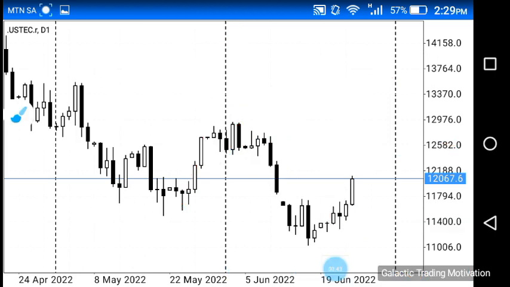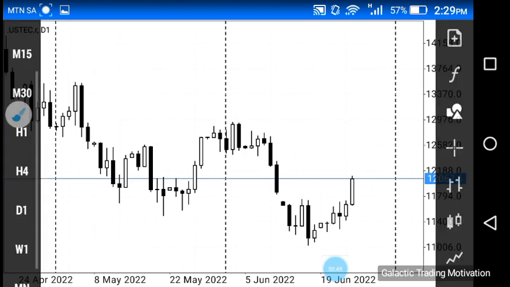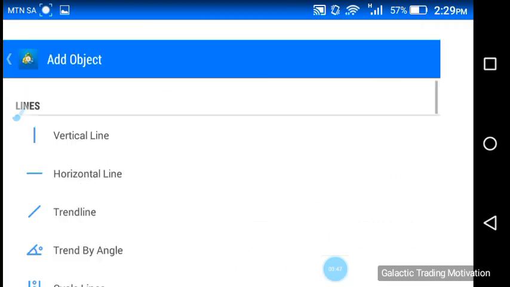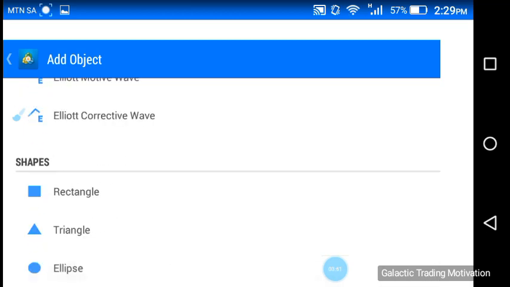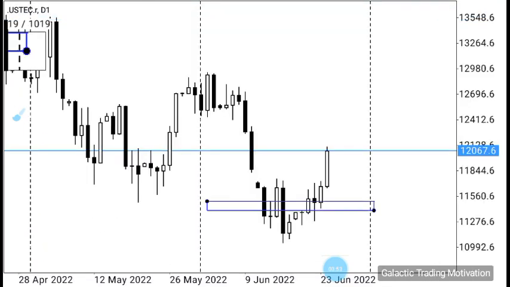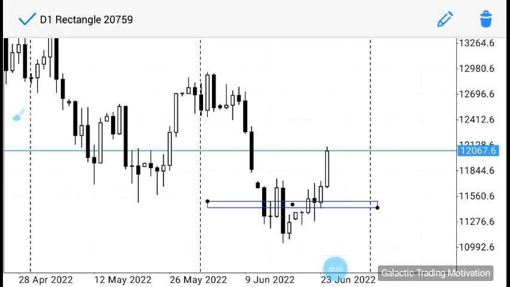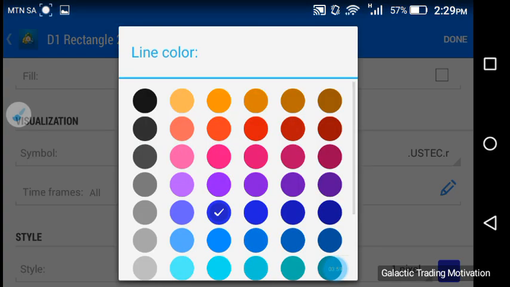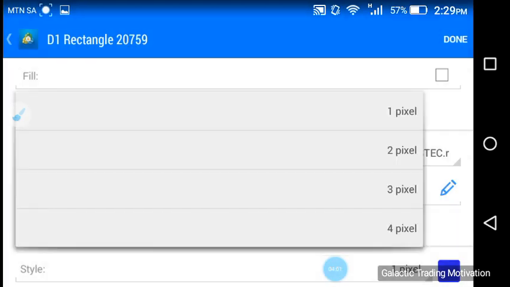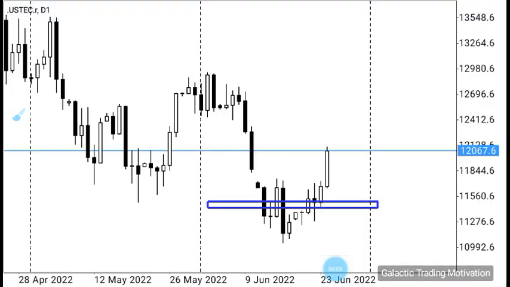Nonetheless, let's continue. I'm actually going to add some necklines to those two head and shoulders patterns. Just bear with me, guys. Let's see. Colors fine. Let's try this. There we go.